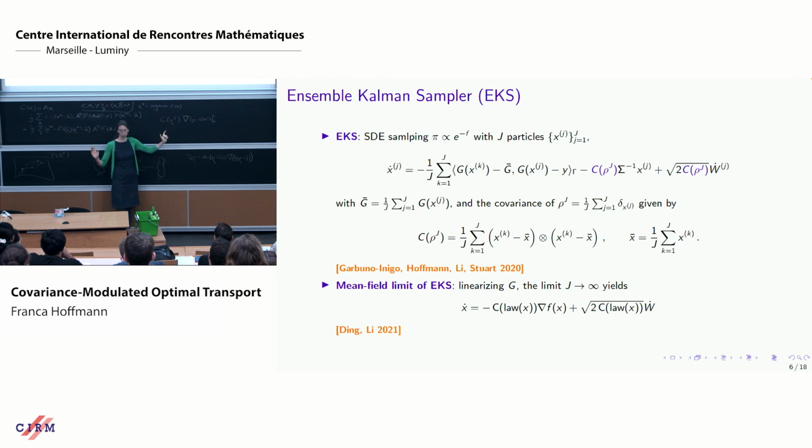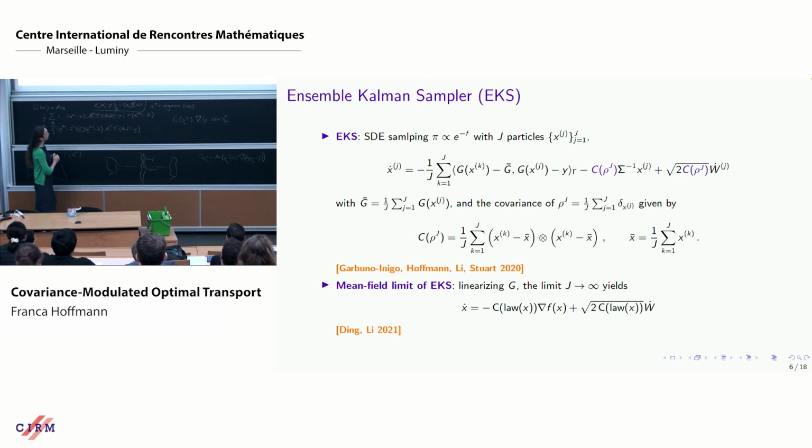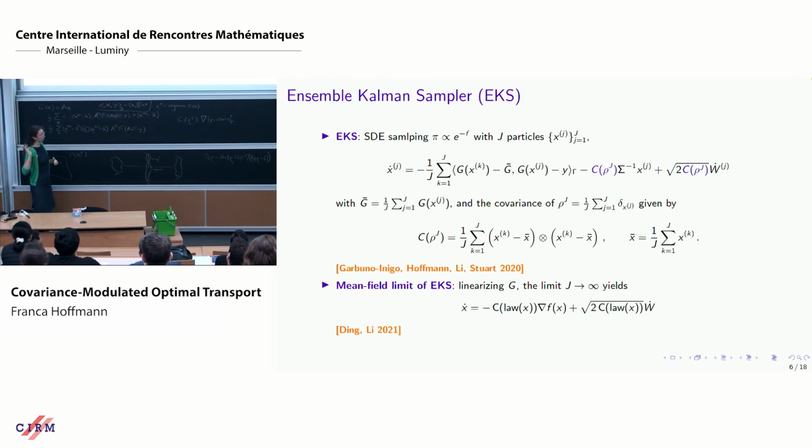Right? That's all you're doing in order to get this x dot equation that I wrote there. And when we wrote the first paper on this algorithm, we wrote down what the limiting PDE is, but we didn't do much analysis on it. And so then there was relatively quickly a follow-up paper by Ding and Li, who actually proved the mean field limit with rates and all of that.